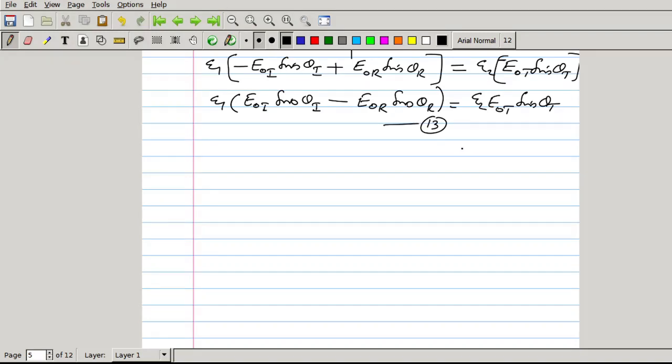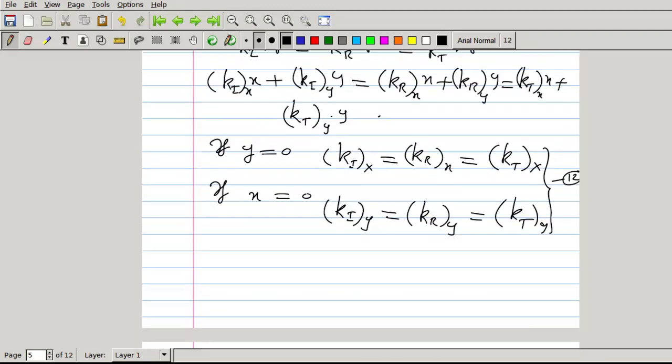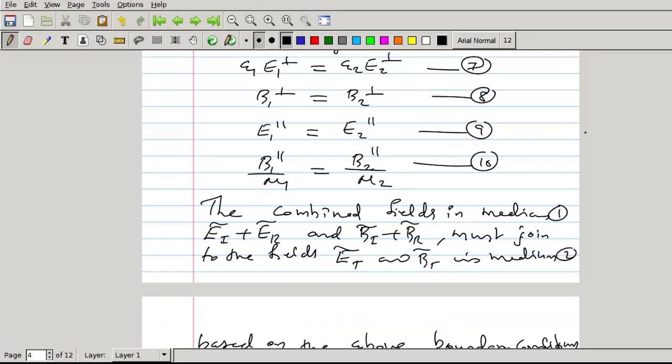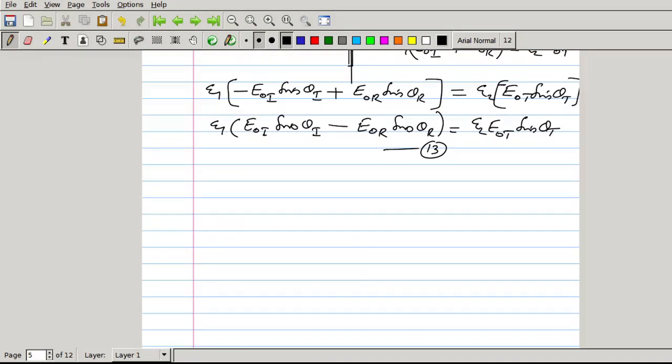Now the second boundary condition. Next, I am taking the parallel component of the electric field, which is boundary condition 9. What is 9? 9 is E1 parallel equal to E2 parallel.